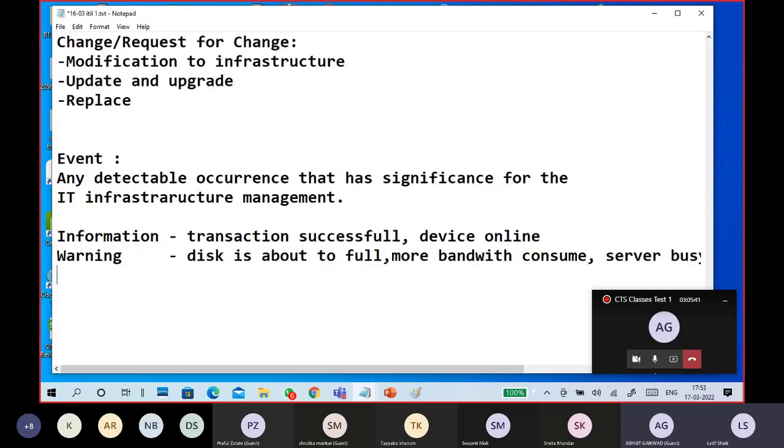The server is busy processing the information, or slow to process information, warning kind of stuff.